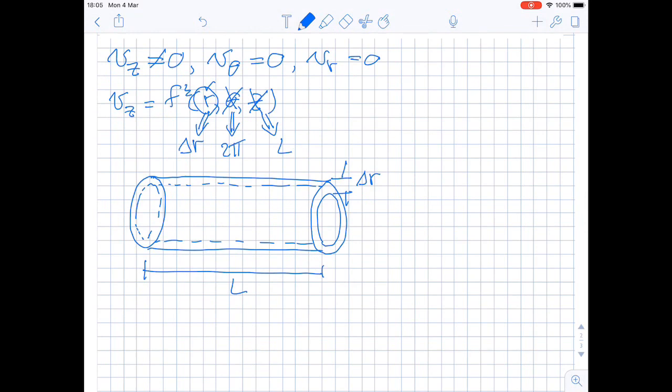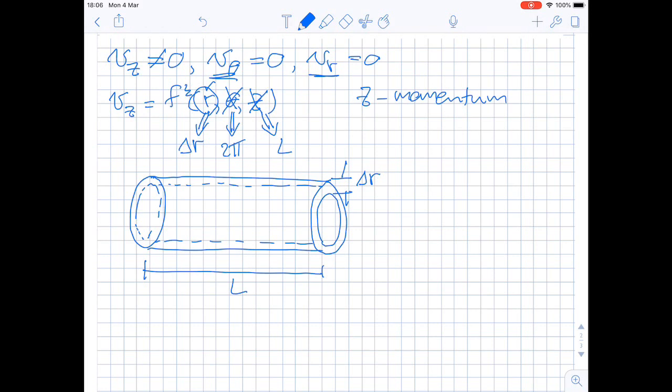Now, since we have velocity in the z direction only, that means right now we have only z momentum. If there's z momentum, there's no flow in the r direction, and there's no flow in the theta direction. There's supposed to be no momentum in the r and theta directions, but we'll see afterward.